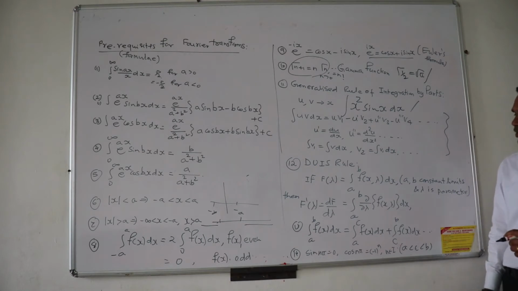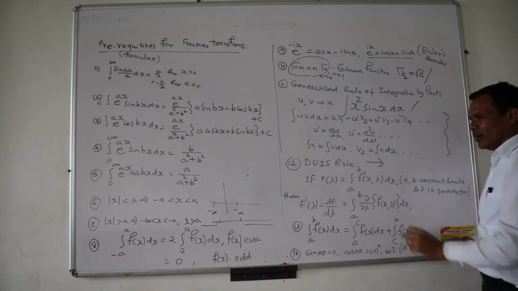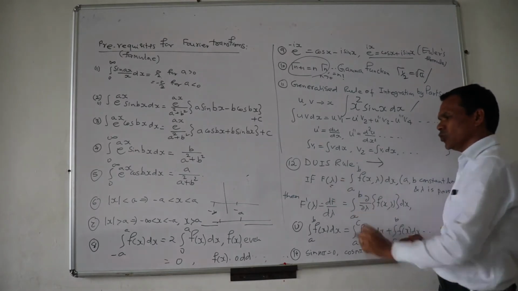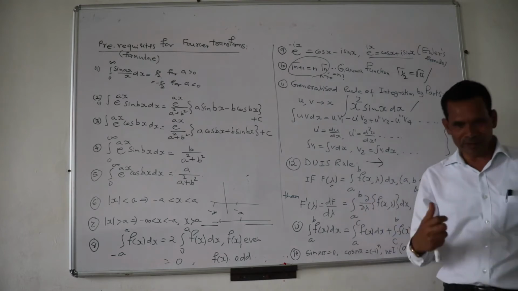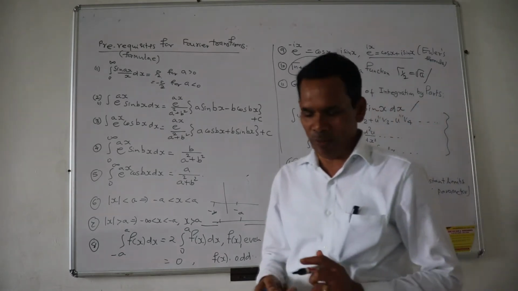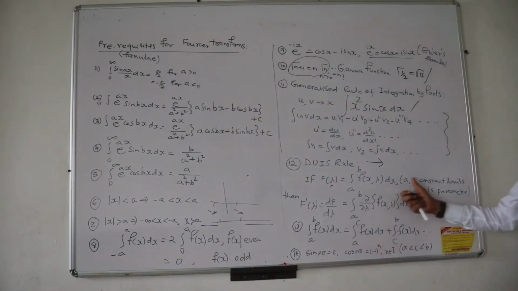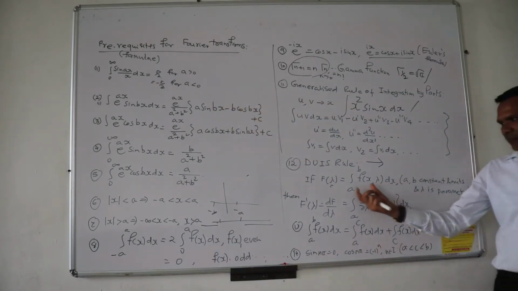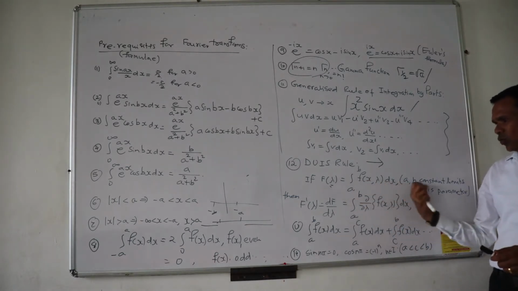Then the DUIS rule, differentiation under the integral sign: we consider a certain parameter to evaluate certain improper integrals that we come across in the Fourier transform, and we need to find the values of those integrals. We use differentiation under the integral sign, this rule over there.